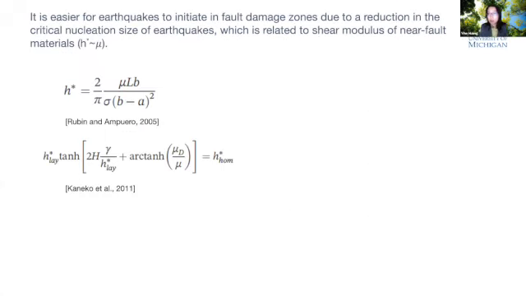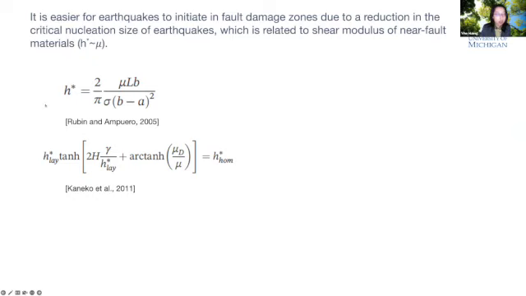It is easier for earthquakes to nucleate inside the fault damage zones because we have this reduction of the nucleation size. And here we need to make sure that we can resolve this nucleation size in our cycle simulations. This equation here is from the Rubin and Ampuero equation, which is more applicable for a over b ratio larger than 0.5.